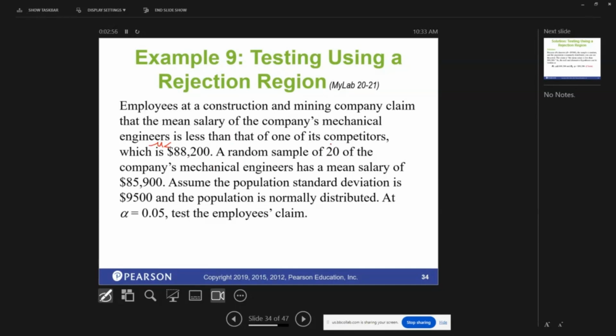A random sample of 20, so there's my n, of the company's mechanical engineers has a mean salary of 85,900. So there's my x bar. We want to assume the population standard deviation is 9,500. So there's my standard deviation. And the population is normally distributed. At alpha equals 0.05, we want to test the employee's claim.